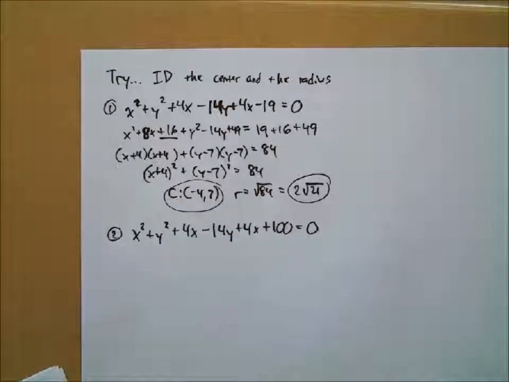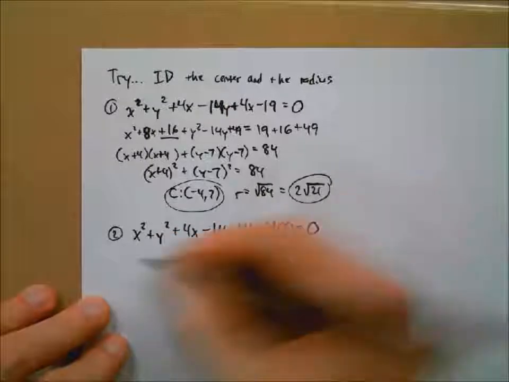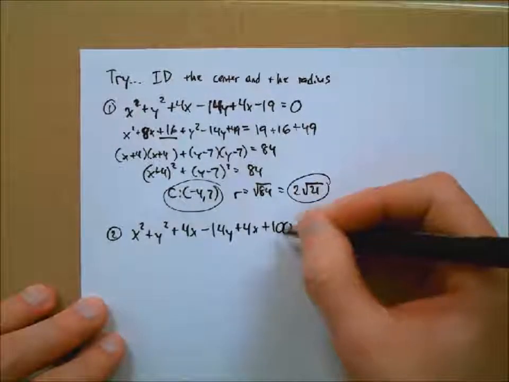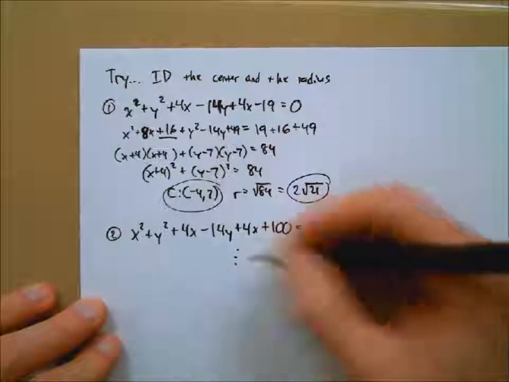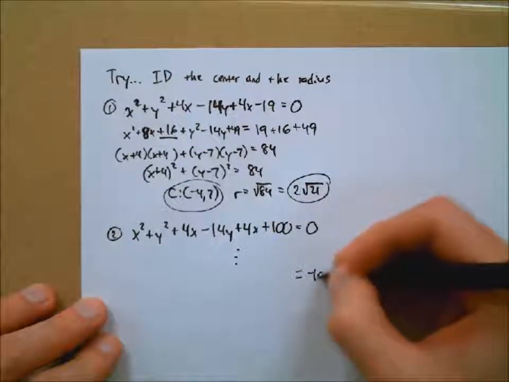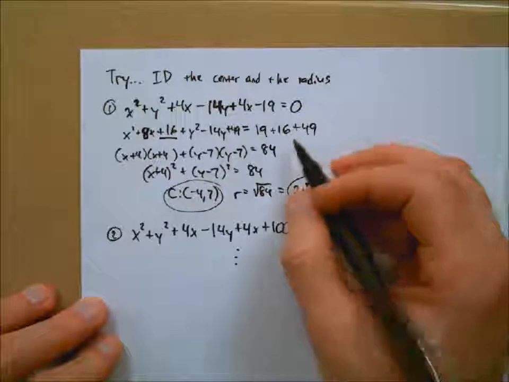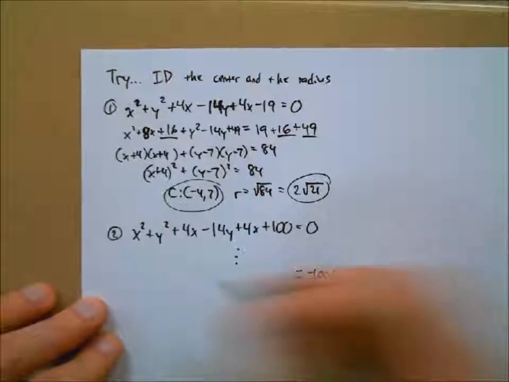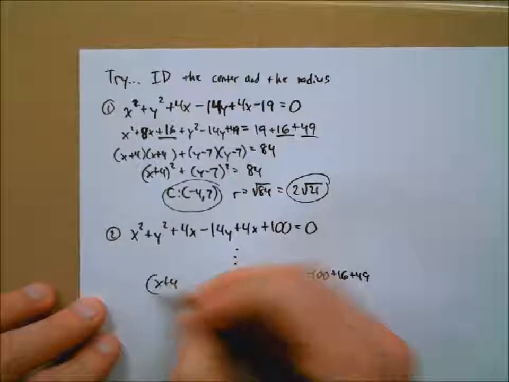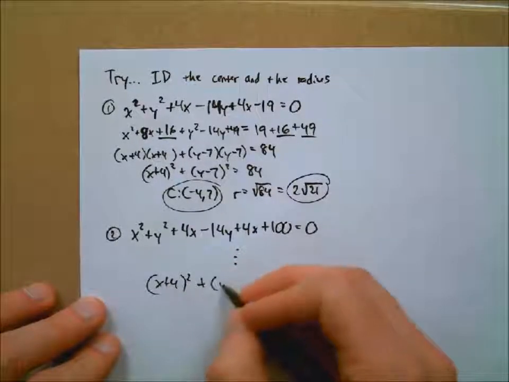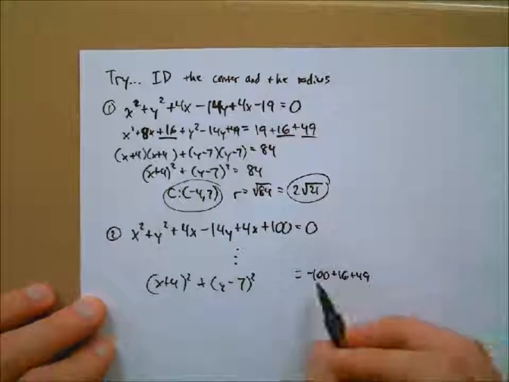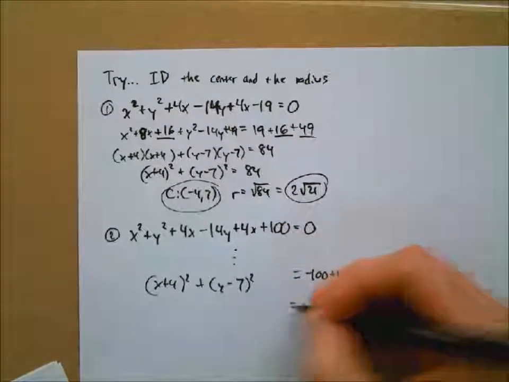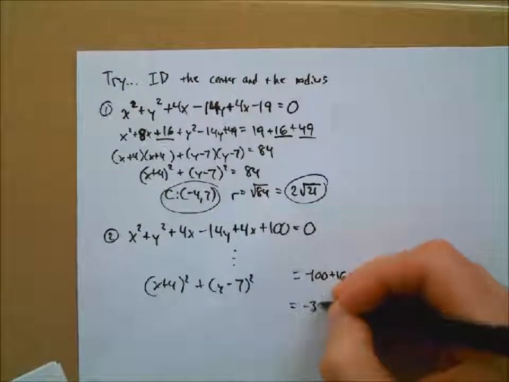All right, so the same exact thing happens here, except we're going to have a plus 100, and that 100 moves over. So I'm just going to do dot, dot, dot. We're going to have negative 100 here, and we have to add, again, the 16 and the 49 to that to make this work out right. But then when we add the negative 100 plus the 16 plus the 49, what do we get? Negative 35.